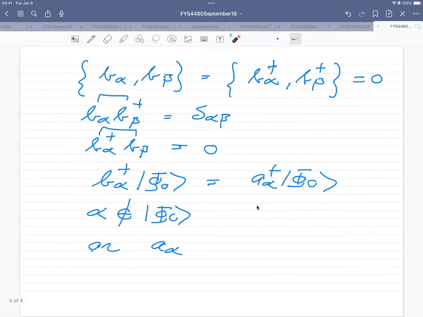So that means that we need to look at this case as well. So when this one is acting on phi 0, then this is non-zero. So this would then be phi 0, but now this is an n particle state. So we're going to have n minus 1, where we have removed a particle in the state alpha.